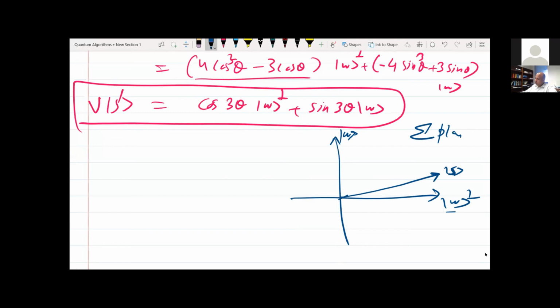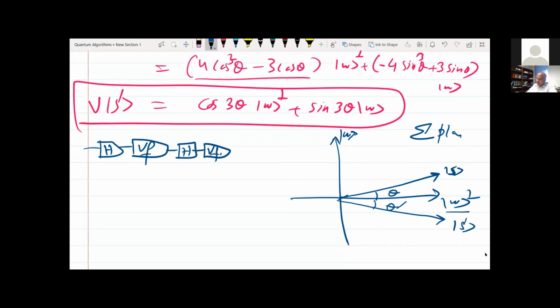So cos theta was along this and sine theta along this. In a plane spanned by omega perpendicular and omega, this is a vector making angle theta with this axis. And our S prime state was cos theta minus sine theta, so it is reflected around this axis like this. Let me mention the algorithm here again. U_f0.